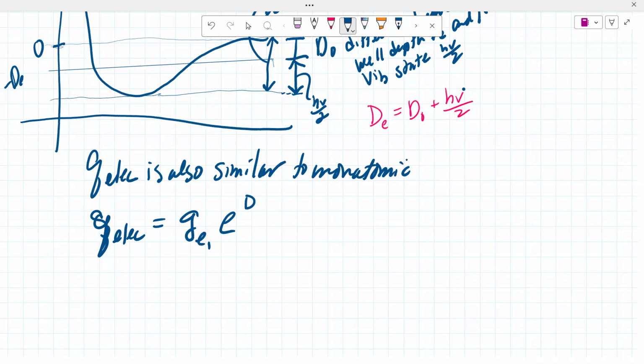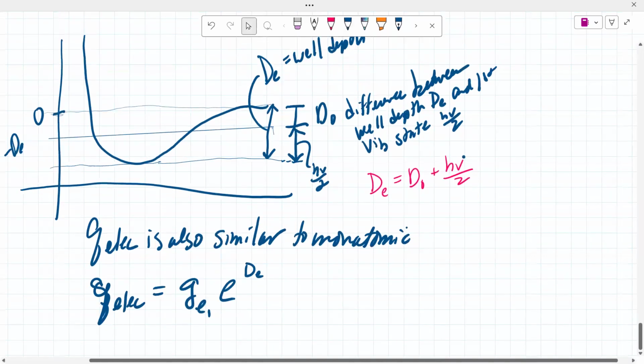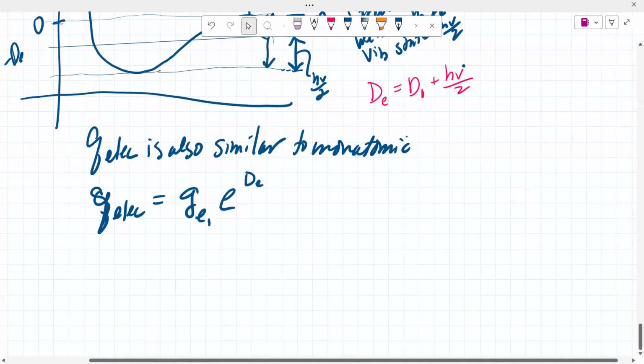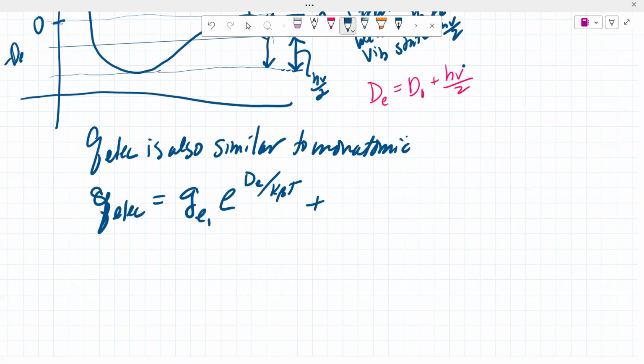That's the well depth, this DE from the picture up here. We only need the first two terms. Remember, we said before, for practical purposes. That's why we only have two here. And this is the equation for the electronic contribution.